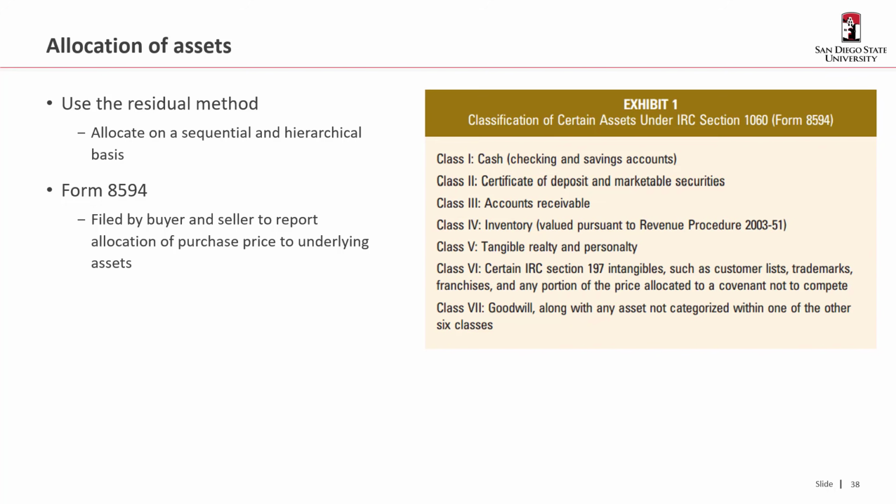Because cash is always a basis. That's super easy to identify, and so typically the fair market value is fairly simple to pinpoint. Then to certificates of deposit and marketable securities, then to accounts receivable, then to inventory, then to tangible realty and personalty, then to 197 intangibles, and then anything left over goes to goodwill.